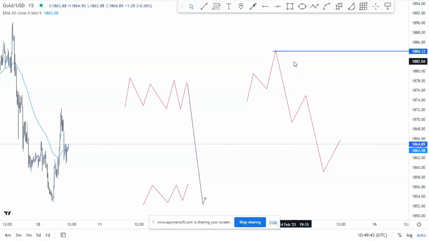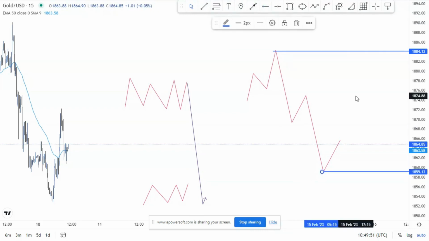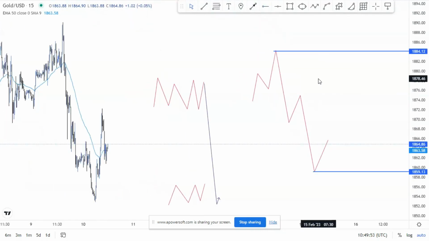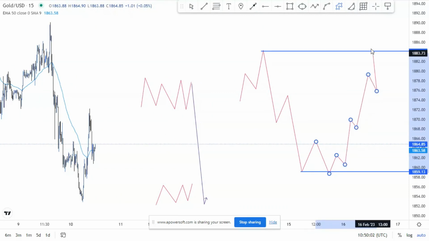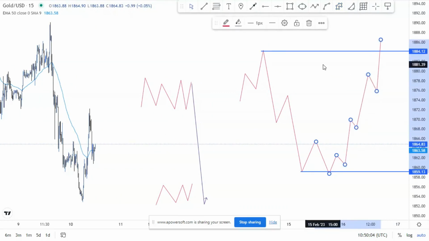Normally these points are the high of the day and the low of the day. Let's say we have that as the high of the day and this as the low of the day. Sometimes the following day may start, and then we come around this area, then the market starts to go up like that, and then we target the high of the day.